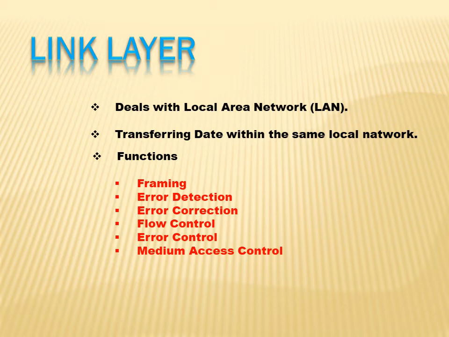Then the medium access control. It is the lowest layer, isn't it? So from this layer the message transfers to the next destination machine. Which medium should be accessed, this control and flow control are also defined here, in the data link layer. These are the functions of the data link layer.